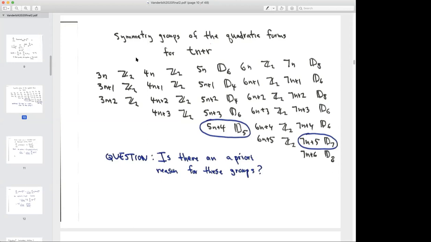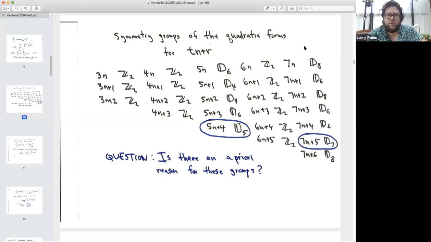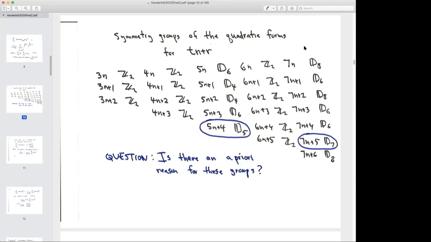Will he be able to predict these dihedral groups? Josh, if you want to turn your microphone off. Yeah, sorry, I didn't want to interrupt before. I'm not sure whether we'll be able to predict the dihedral groups directly. So we were concentrating on just self-conjugate 7-cores for this paper.